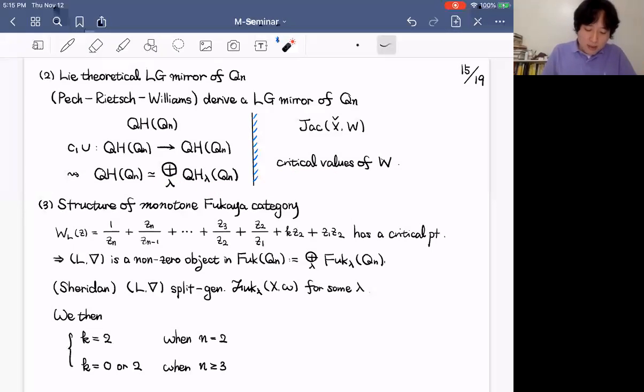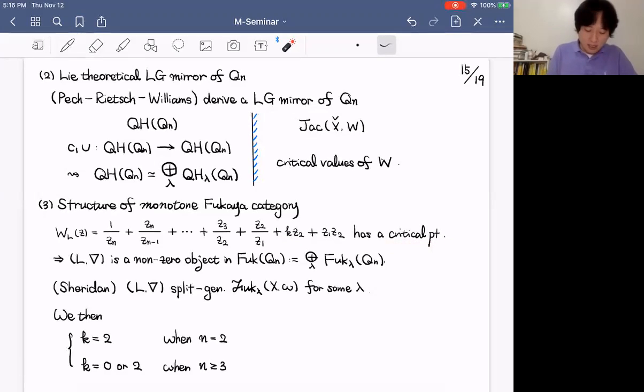And then here is a structure theorem of the monotone Fukaya category by Sheridan. One observation, before talking about Sheridan's result, is to think about the possible form of the potential function. This one has a critical point. We can show that regardless of the value of k, this has a critical point.